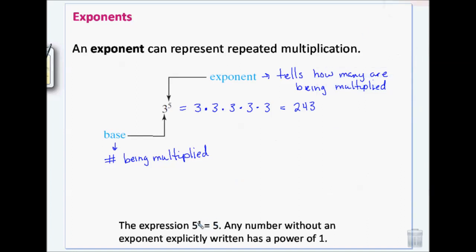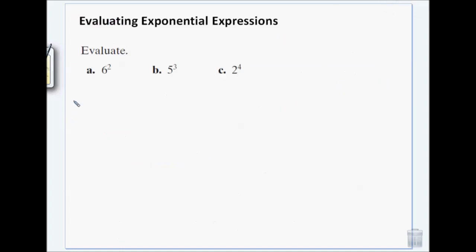An exponent of 1 is literally saying you have 1 5, so it's the same thing as 5, or any number. All right, so if we were to evaluate 6 squared, 2 6s, so 6 times 6, 36. 5 to the 3rd is 3 5s.